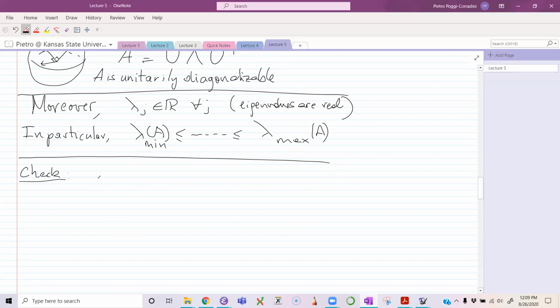So first of all, even though the matrix A is real, if lambda is complex, then U needs to be complex, right? So you need to go outside of Rn for the eigenvectors and go into Cn.